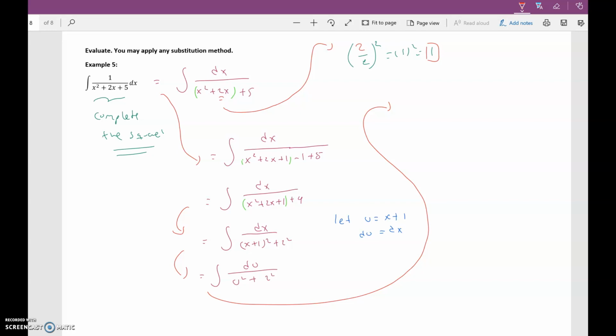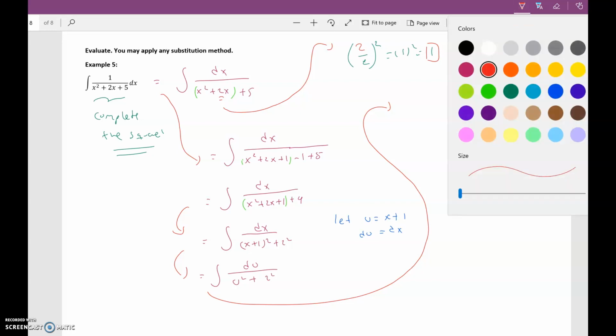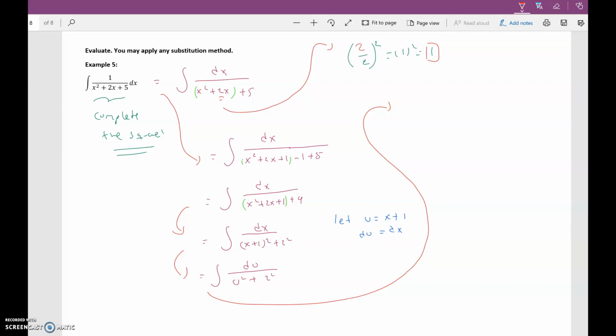This one's going to be a tangent inverse. So we're just going to rewrite it. Well, it's 1 over a. The a is equal to the 2.